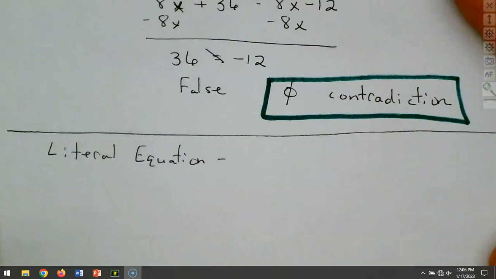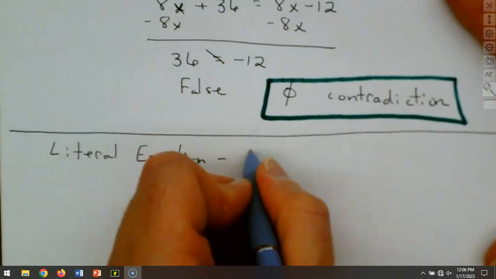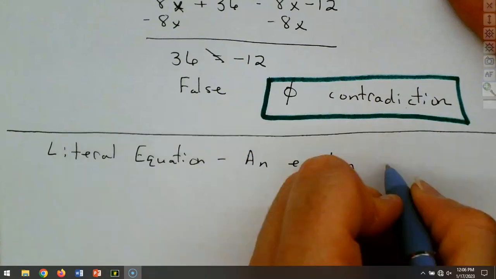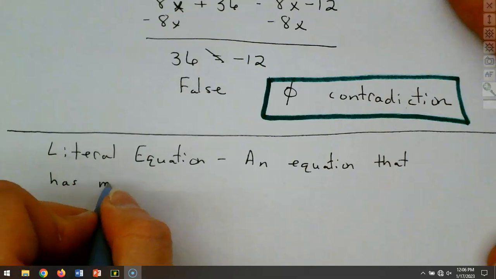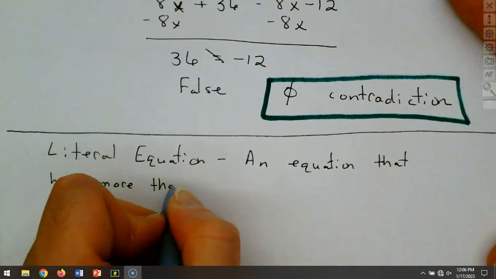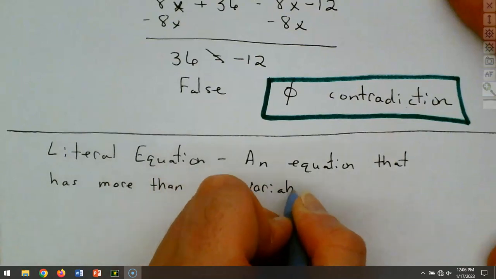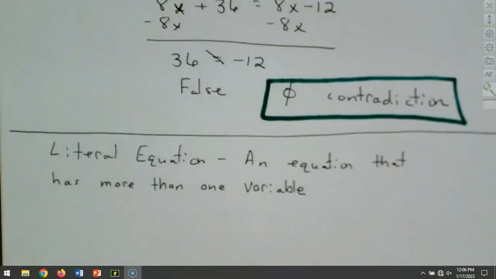And a literal equation, in very basic definition, is an equation that has more than one variable. So an equation that has more than one variable is going to be called a literal equation.